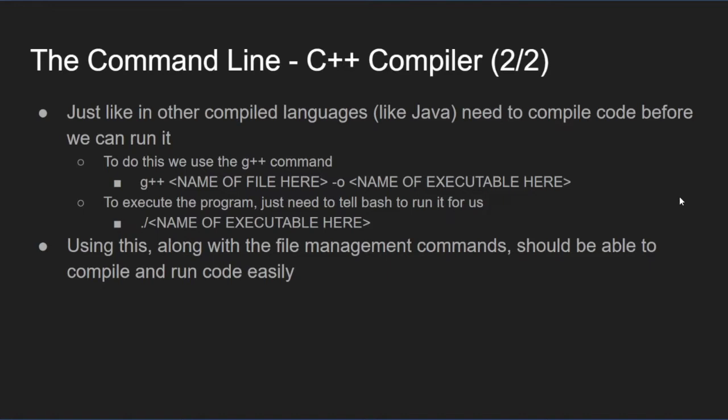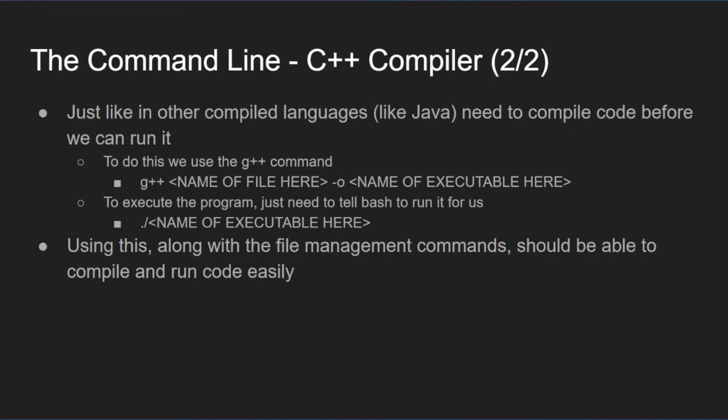The C++ compiler. Just like Java, we need to compile the code before we can send it to the CPU to run. We use G++ to do this for this class. So with G++, you give a file name, and then the -o parameter, and then the name of the executable you want to output.